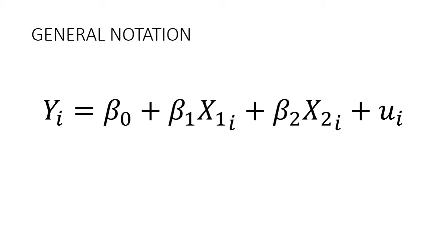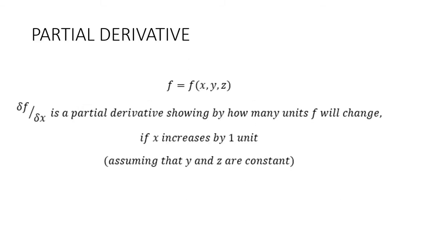we shall first discuss the notion of partial derivative. So we assume that f is the function of several independent variables, namely x, y, and z. If we assume that y and z are constant and we calculate the derivative, then we obtain a partial derivative of f with respect to x.